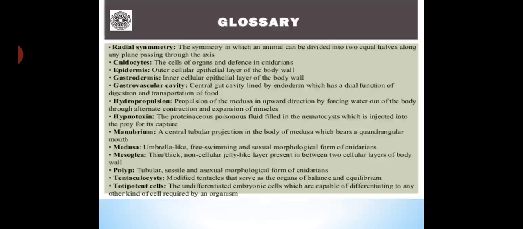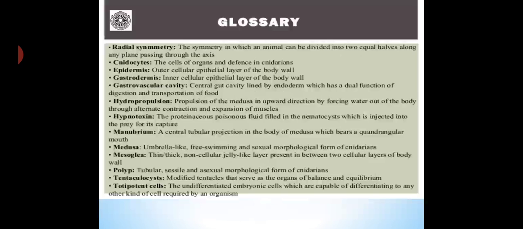Epidermis, the outer cellular epithelial layer of the body wall. Gastrodermis, the inner cellular epithelial layer of the body wall. Gastrovascular cavity, the central cavity lined by endoderm, which has a dual function of digestion and transportation of food.